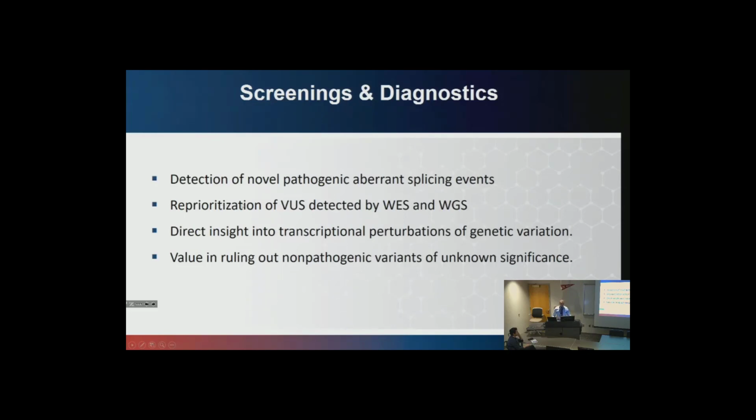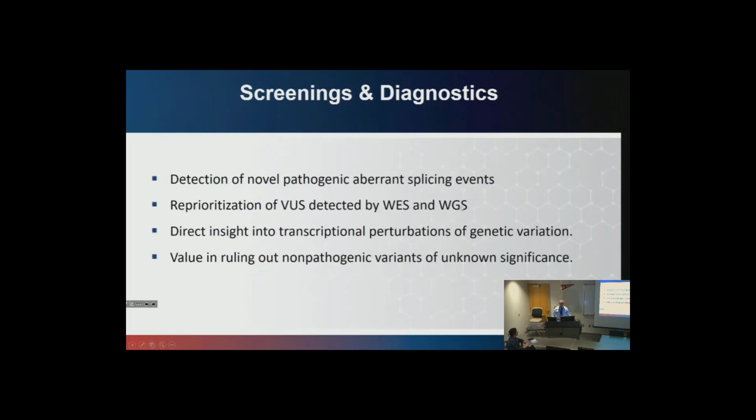This will also help the scientific and clinical communities to further reprioritize the variants of uncertain significance, which we often detect on different DNA sequencing techniques. And to understand the value of this on the clinical side, imagine how enormous the data we can get from just one sample sequencing or whole genome sequencing.